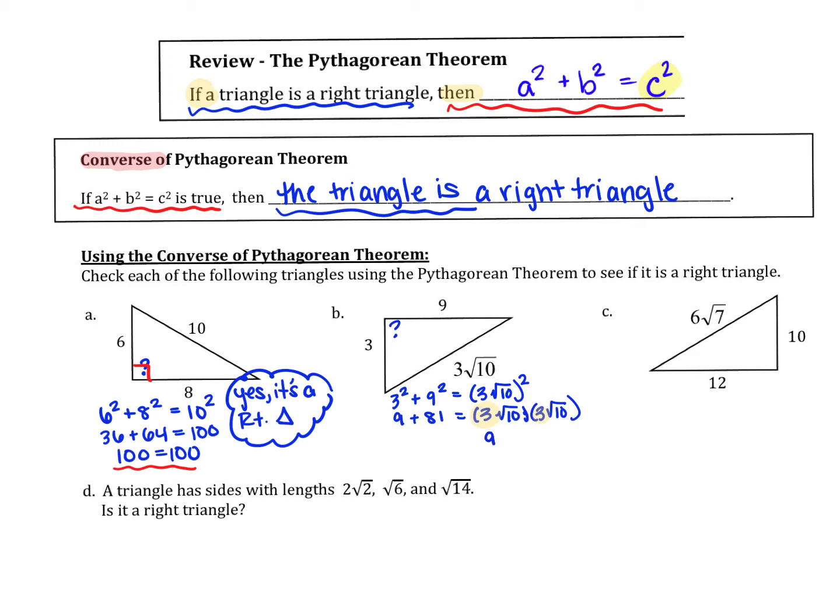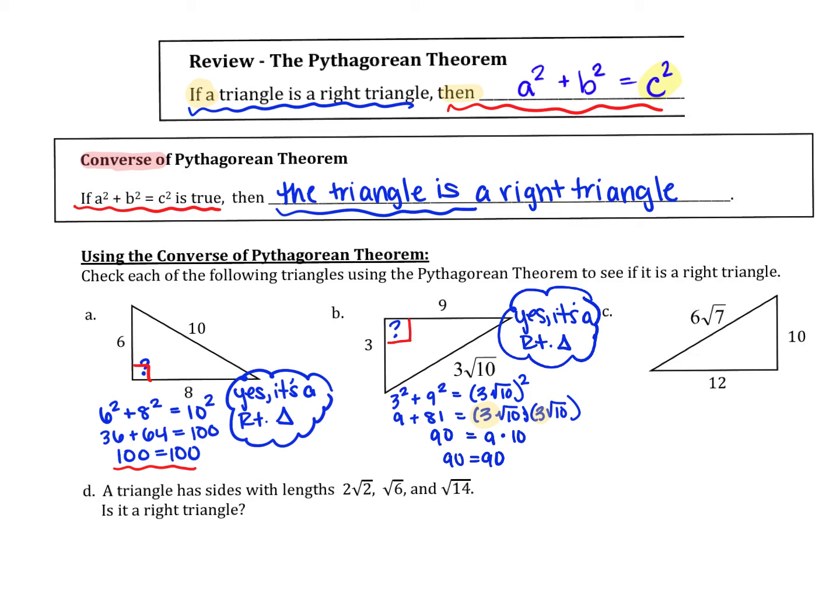And then root 10 times root 10 is root 100, which is just 10. Then 9 plus 81 is 90. So we have 90 is equal to 90. That is a true statement. So yes, it's a right triangle for this one as well. I'm going to go ahead and put the little box in there.